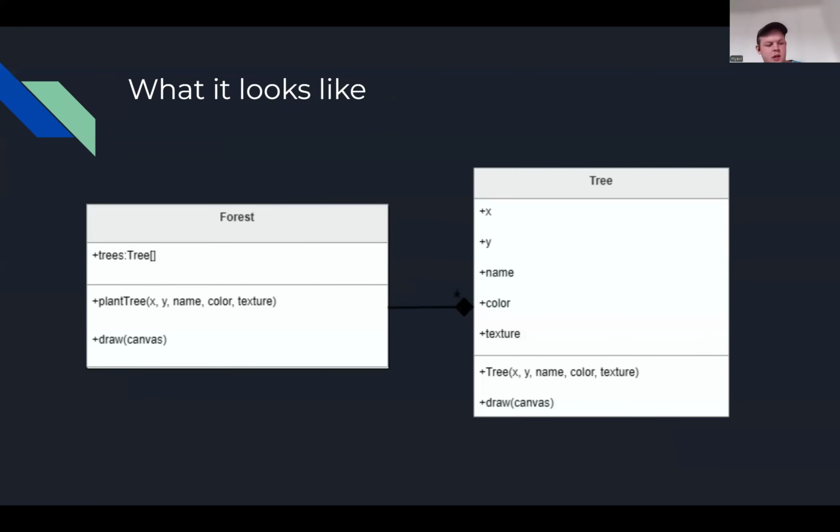All right, so this is what it looks like before you apply the pattern. You have the tree with its intrinsic data and the other data. We have the coordinates, name, color, and texture, but we can shorten that down and remove all that unnecessary data in each object. Here's an example.